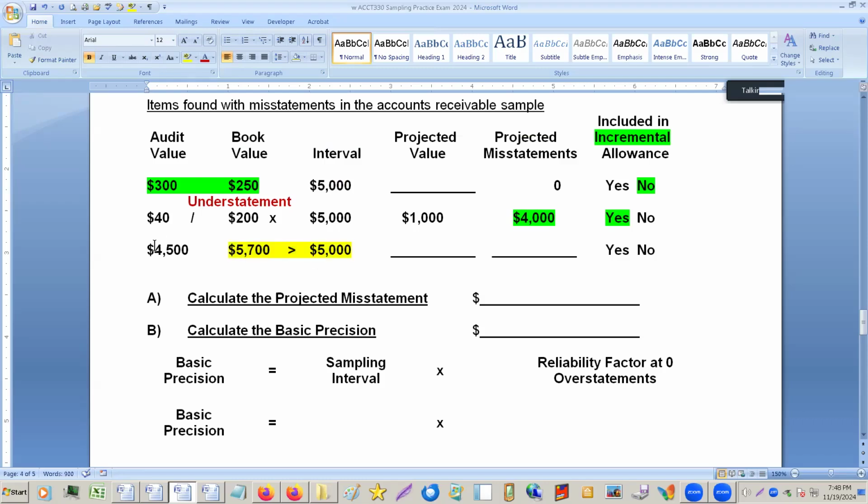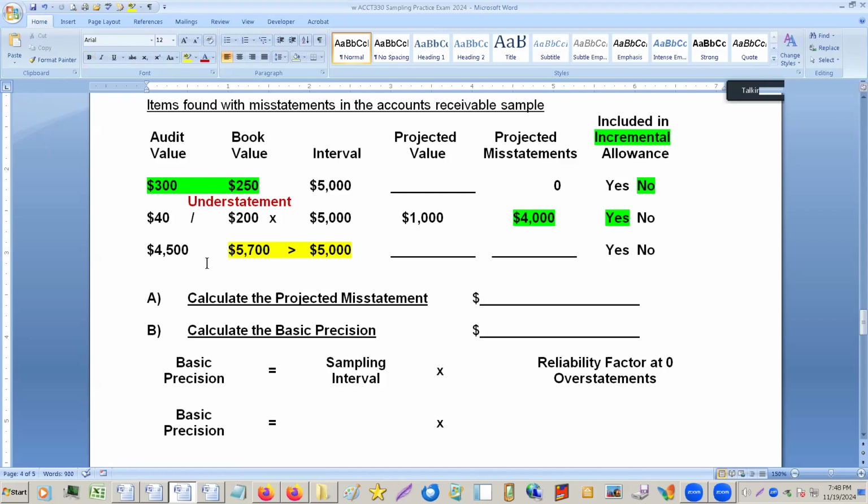And by the way, this is one of the reasons why we do this method. It's at 4,500, they boosted it up to 5,700. When it crosses that $5,000 interval, it's automatically going to be picked. So we're 100% sure we're going to catch this misstatement. It's more than the interval.